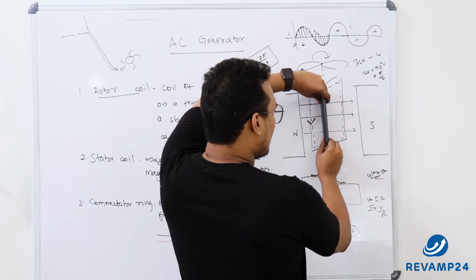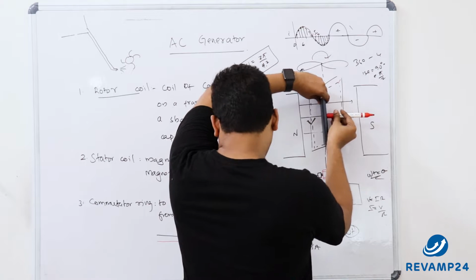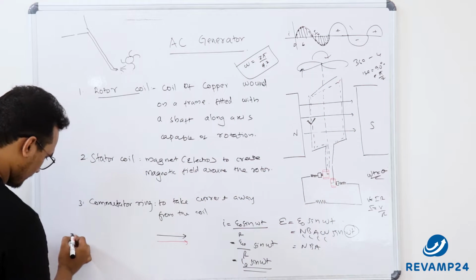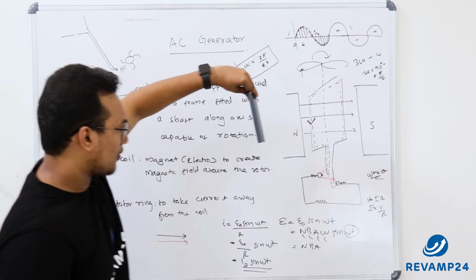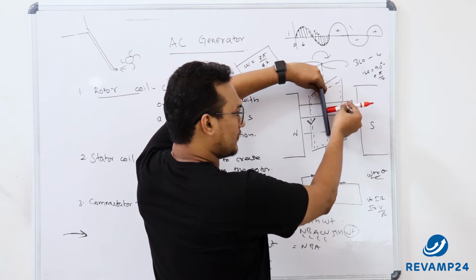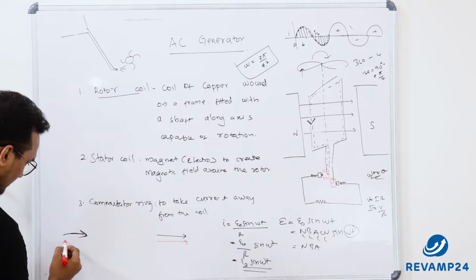Now see here, what is the angle? This is the direction of area. Angle is 0. So that is the first case, and I'll mention it here. This is my magnetic field, and I am keeping my coil in this way. This is the direction of area, so both of them are in the same direction.